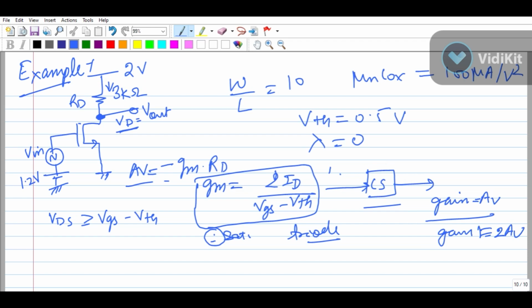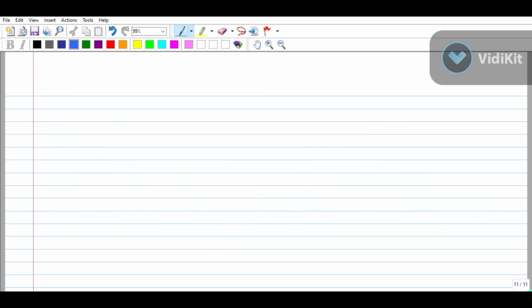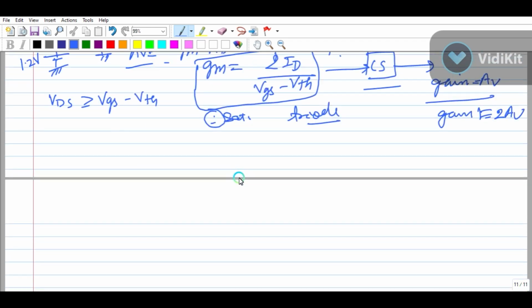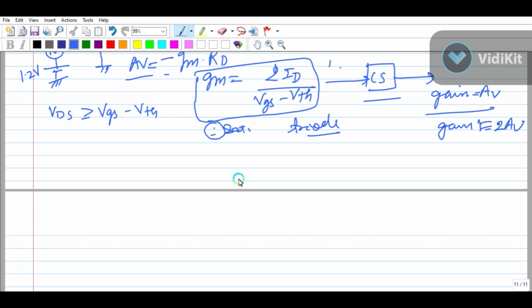We can consider that the MOSFET is in saturation region, okay, and we can calculate ID, and after calculating ID, we can calculate the VDS, and we can see whether the condition is satisfied. When this condition is satisfied, then the MOSFET is in saturation, and if not, then it was in triode.